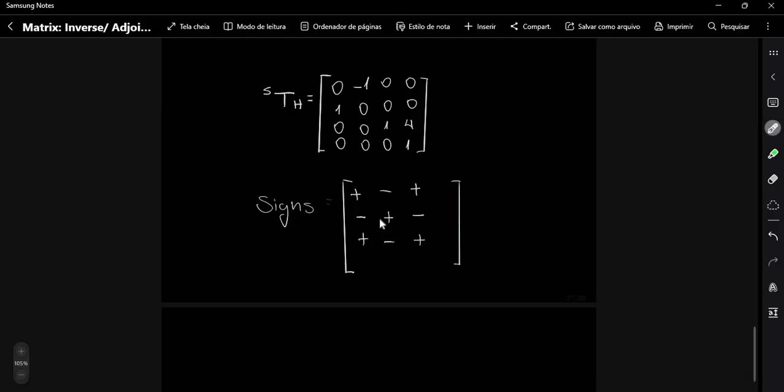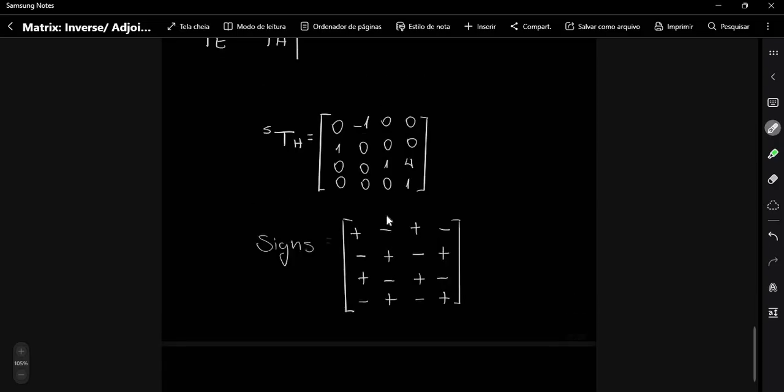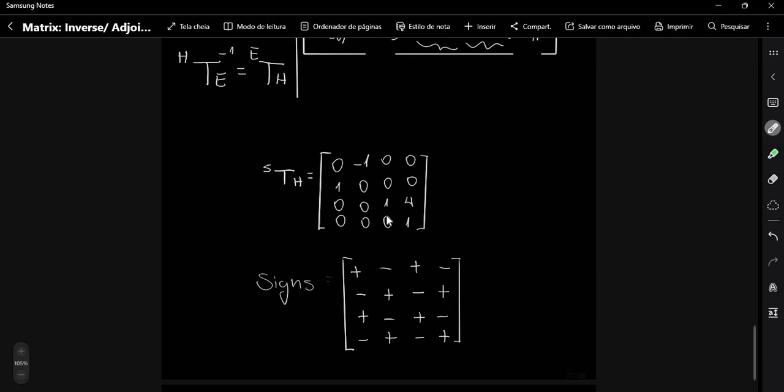So intercalating plus, minus, plus, minus, plus, minus, minus, plus, minus, plus, and now we have to apply these signs on this matrix. So right here we turn it into a positive one because it's minus times minus, which gives us a plus sign. Right here is minus 1.